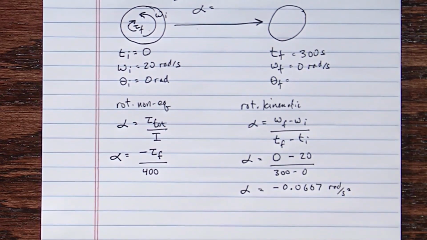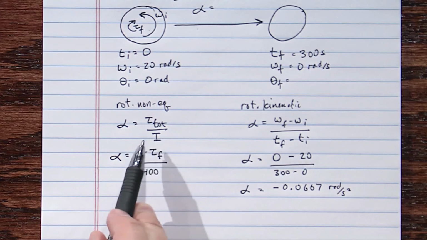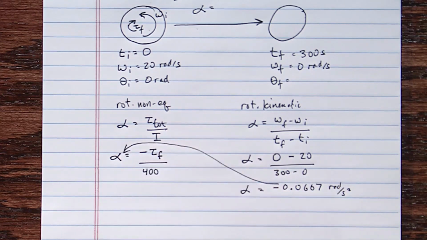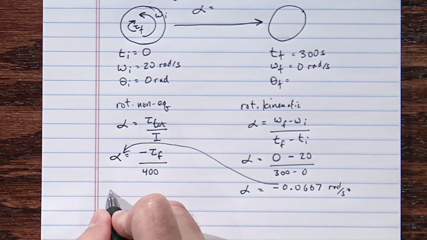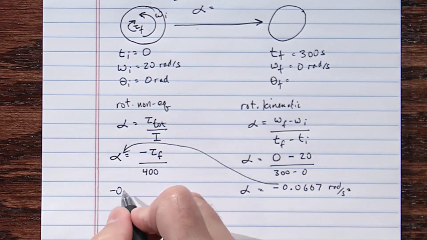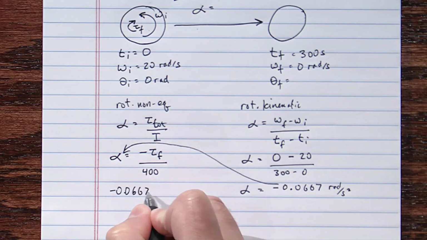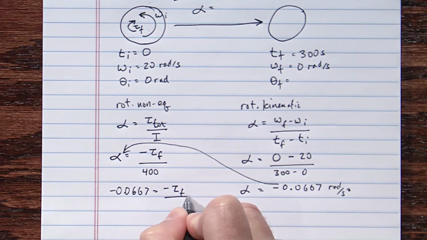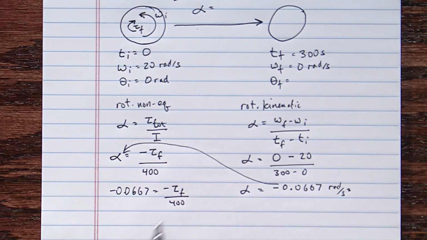Okay, that we can put into our Newton's second law equation: negative 0.0667 is equal to minus torque frictional over 400. We can multiply both sides by negative 1, and multiply both sides by 400 to bring that to the other side.